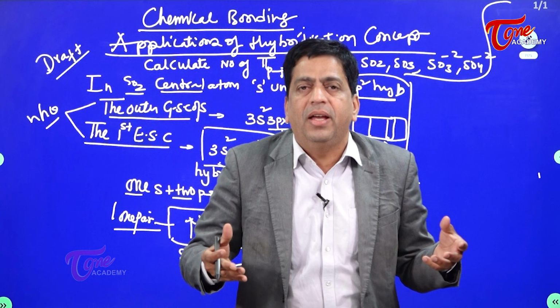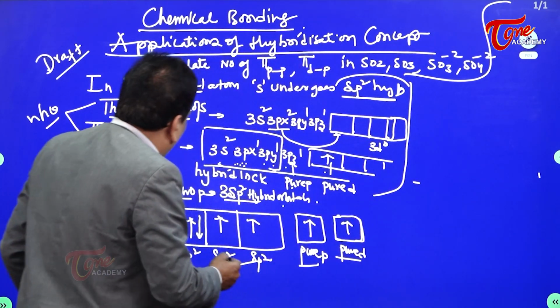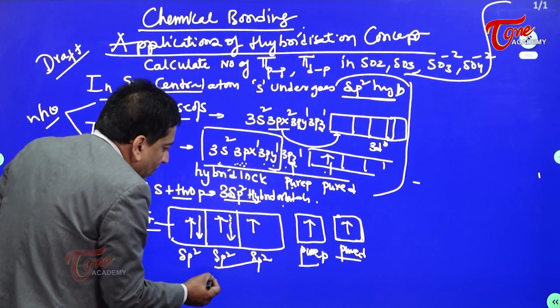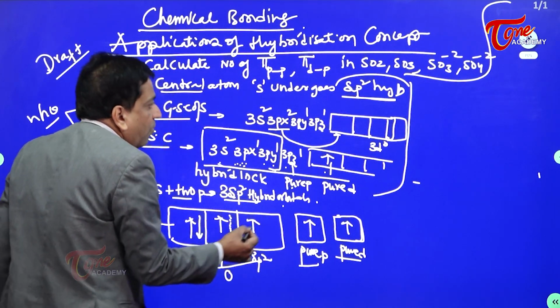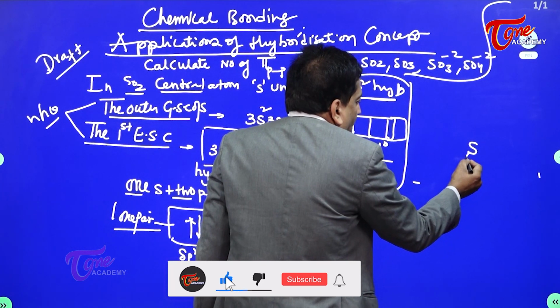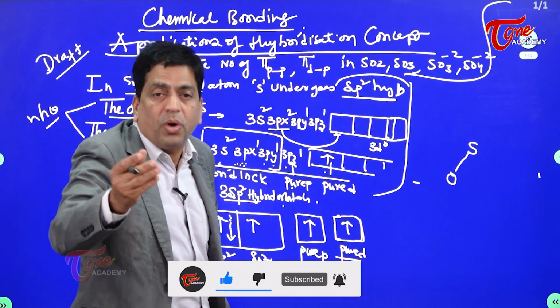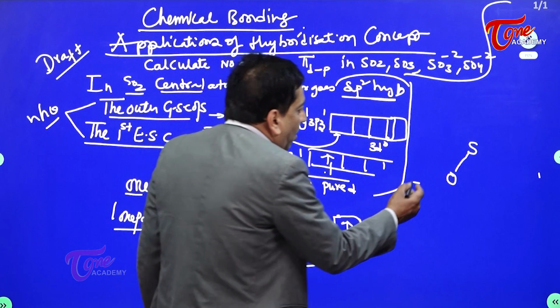With how many unpaired is it coming? 2. One of them will pair with this. One of the oxygen's unpaired has paired with this. Let us start off. This is the sulfur, right? And now here is a sigma bond, because the oxygen has brought 1 unpaired electron and it is pairing with sp2. And this is a sigma bond.